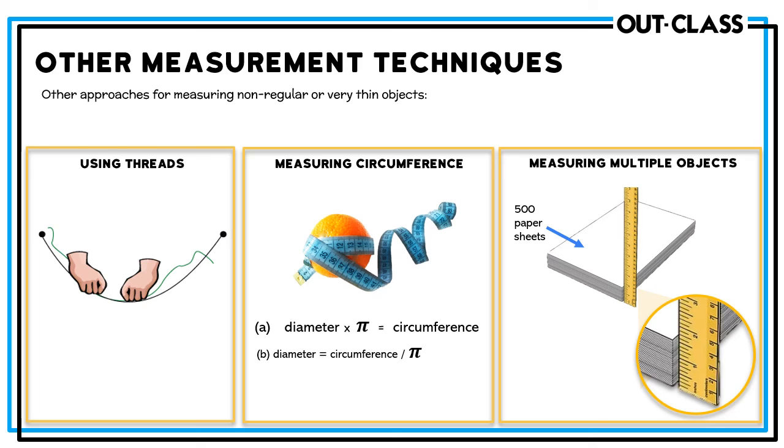All right, so let's look at some other measurement techniques, as I was mentioning earlier. So for example, you want to measure this over here. You have, I don't know, a tight wire, a tightrope wire, and you tried to measure it. One really clever thing you could do is take a string, as they've done in this diagram over here, and make that string lie along the exact same path as this tightrope.